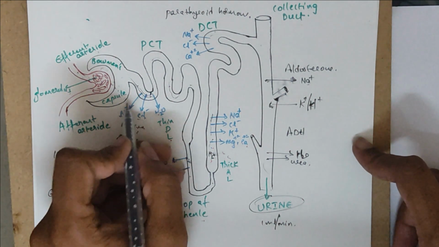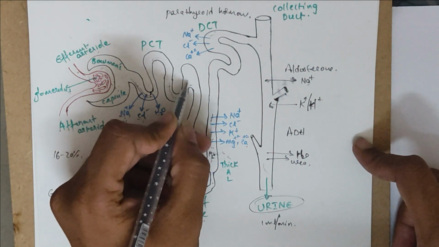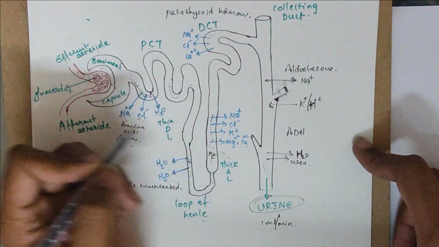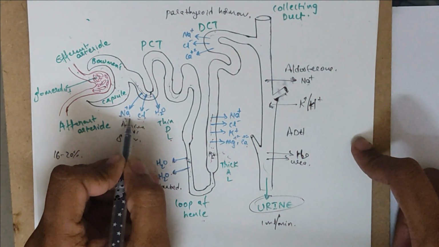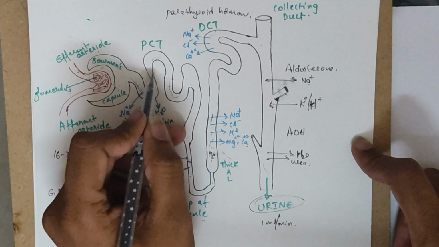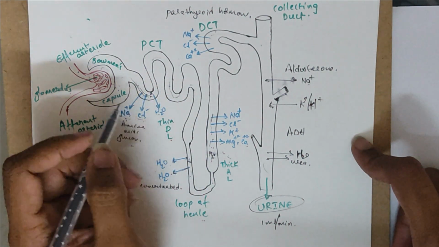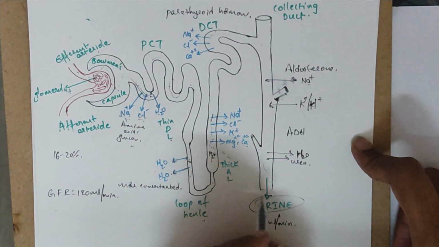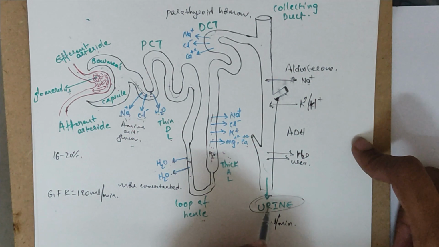So the sodium molecules will stay in the renal tubule. They will not enter into the bloodstream. As we know that water loves to follow the sodium molecules, water will also be retained in the lumen. So ultimately more water is excreted in the form of urine.